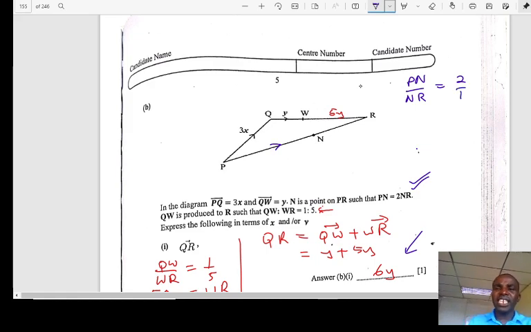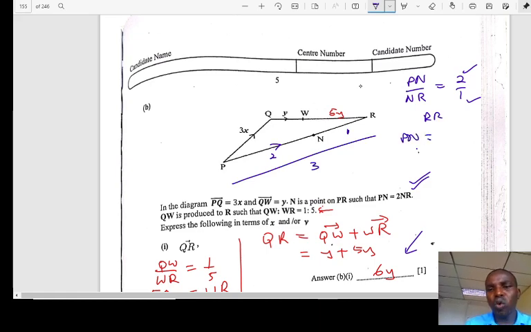What it means in this case is PN is 2 units and NR is 1 unit. So PR in total, the length of this line, is actually 3 units, right? Which means PN is actually 2 over 3.